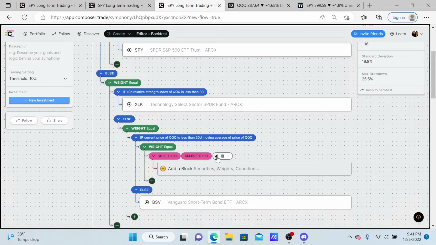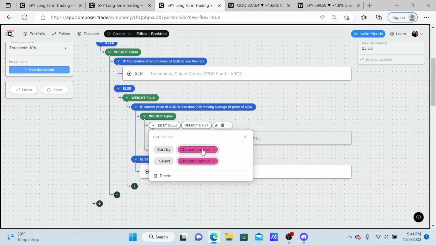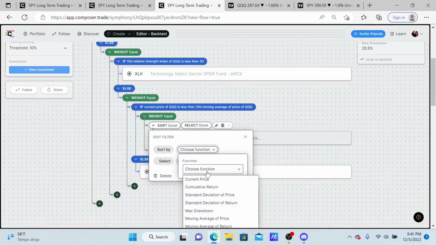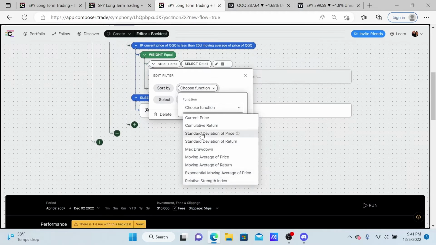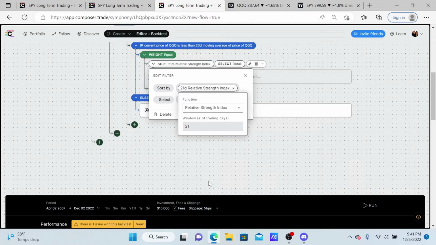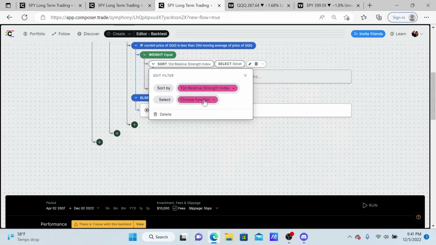So what I want to do is basically sort between bonds or a shorting position. The way I like to filter them is by their RSI, and I like to do the 10-day RSI, but you can also do the 14-day RSI. They both work.